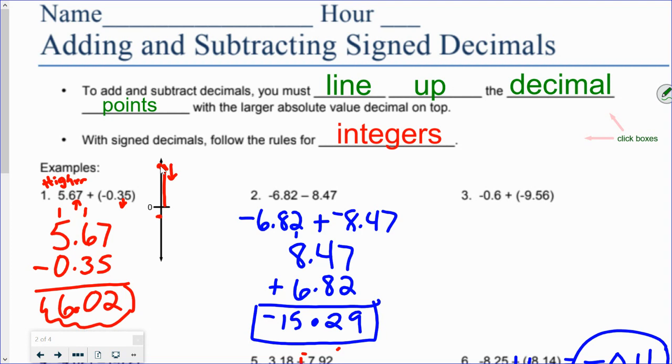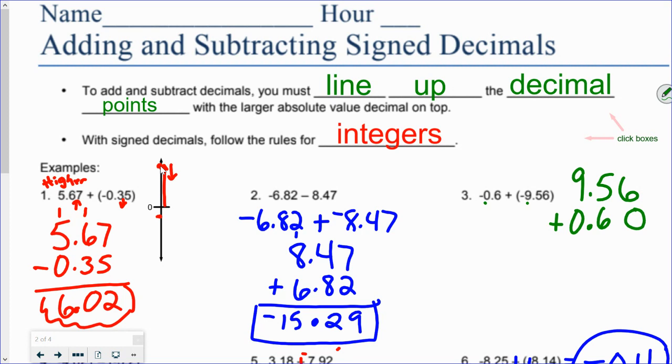All right, number 3, it's already in addition form, so I do not need to add the opposite. I can go ahead and line them up with my largest value. 9 is farther from 0 than less than 1, so I put my 9 and 56 hundredths on top. This is why we line up our decimals: not all our decimals are written in the same place value, so I have to add a 0 there.